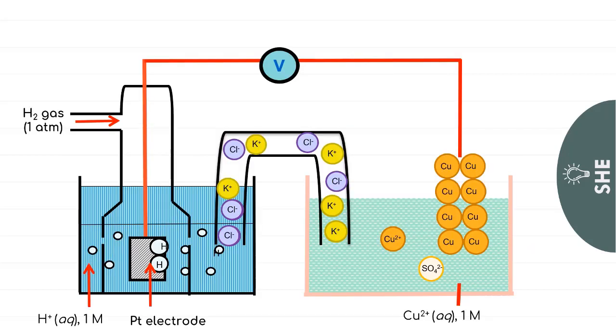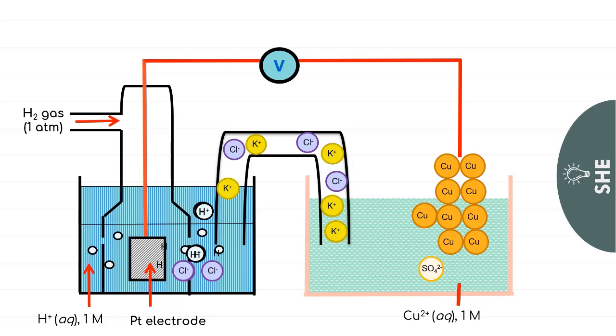For SHE paired up with copper, the concentration of H+ at the hydrogen electrode increases as hydrogen gas undergoes oxidation at the anode, while the copper electrode is seen to become thicker as the reduction reaction takes place at the cathode. Positive charge building up in the left beaker will be neutralized by the negatively charged Cl- from the salt bridge.